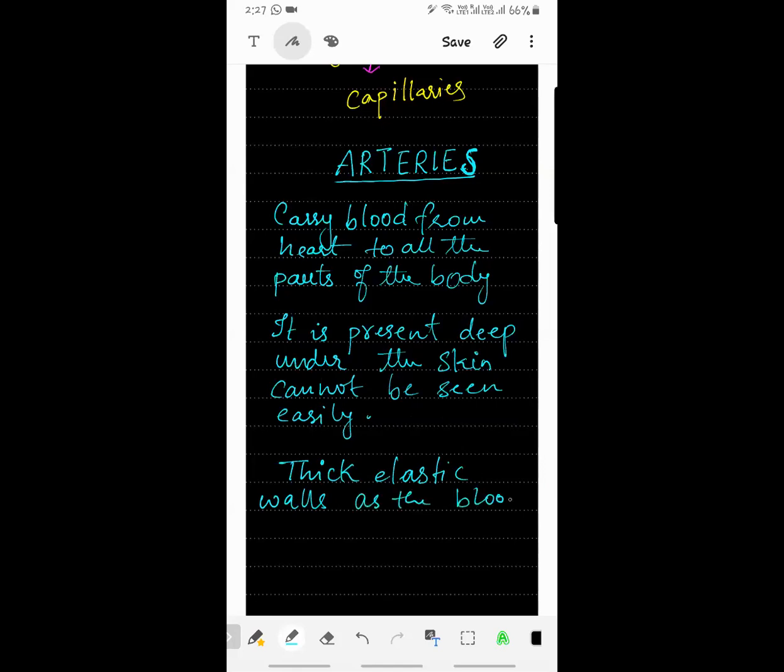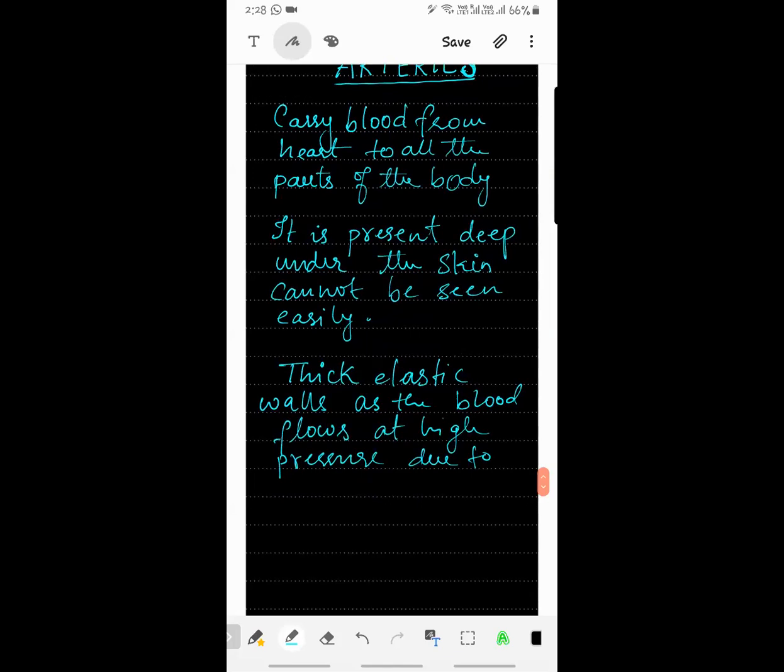As the blood flows at high pressure. Why is there high pressure? Because the heart is giving that pressure, and due to that pressure, even though the heart is very small, the blood reaches all parts of the body.